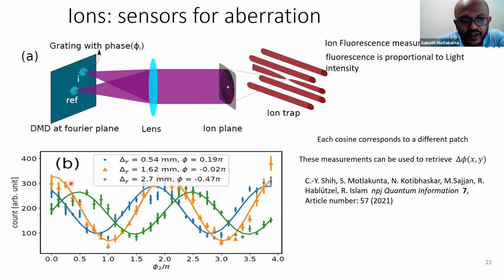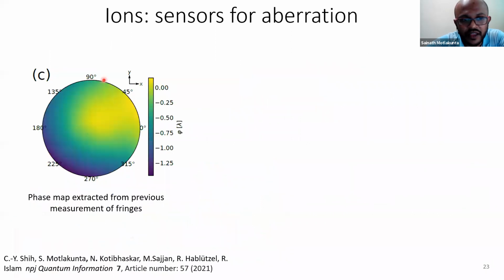Here, curves in different colors represent the similar experiment for different patches. We use these measurements to extract the phase map of aberrations. So here is a phase map extracted from the previous measurement across the Fourier plane. We use this phase map to compensate the optical aberrations and achieve diffraction-limited addressing.